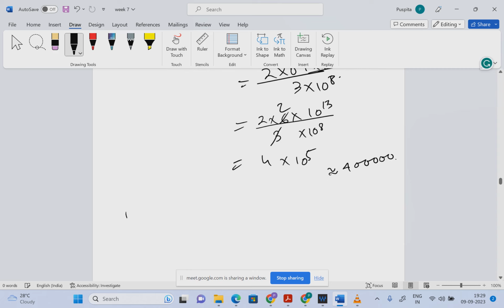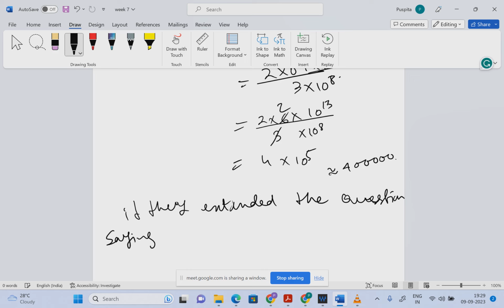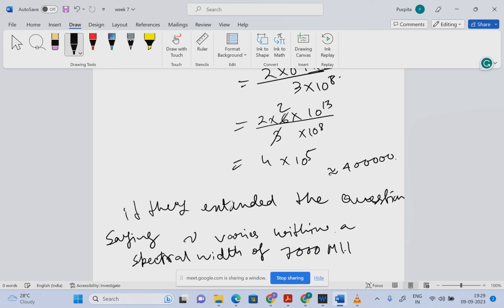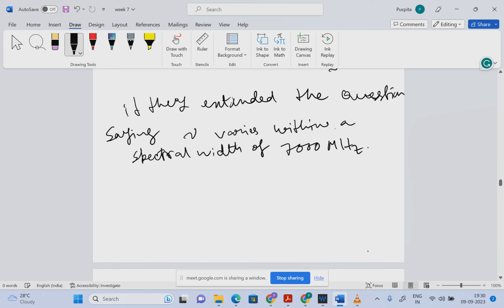And if they extend the question saying that nu values within a spectral width of 7,000 megahertz, then what will be the mode numbers?